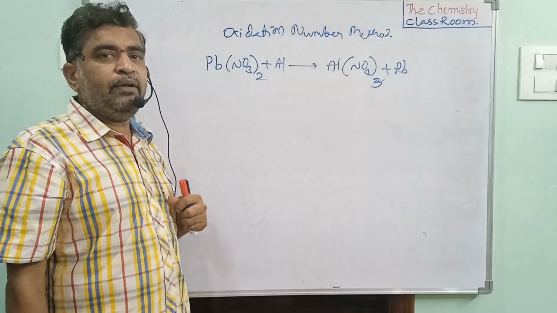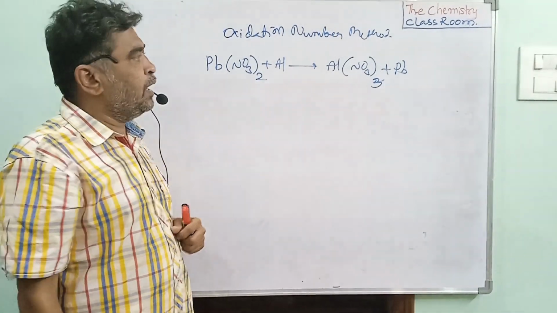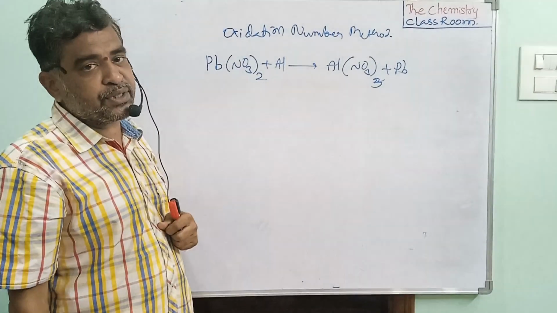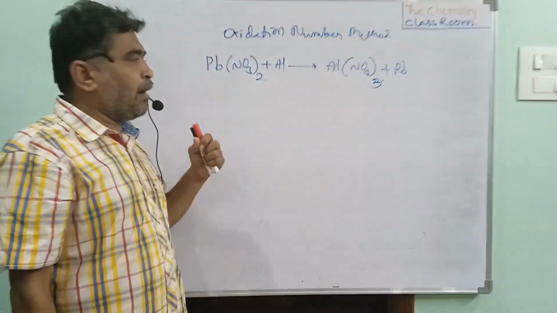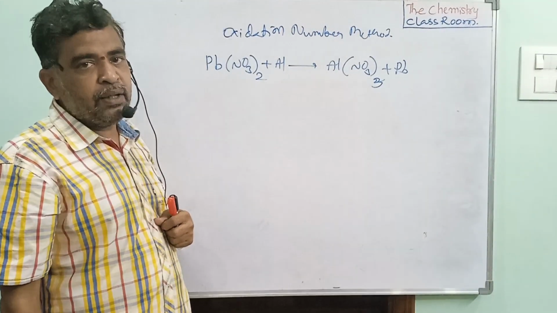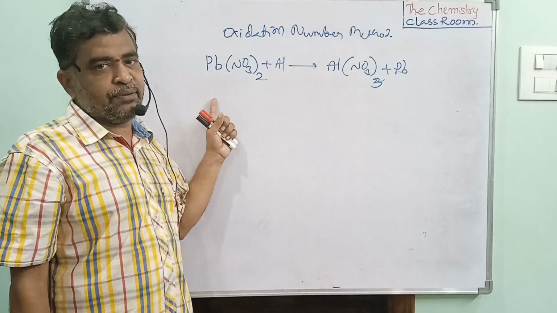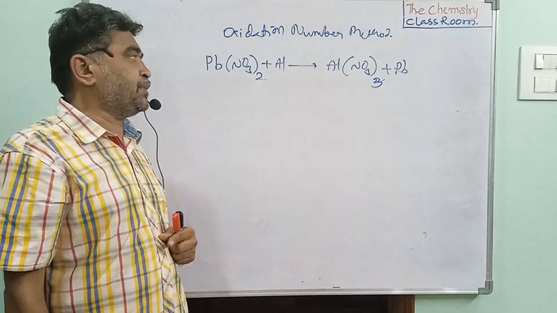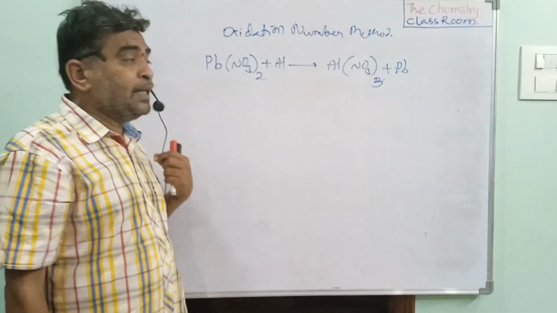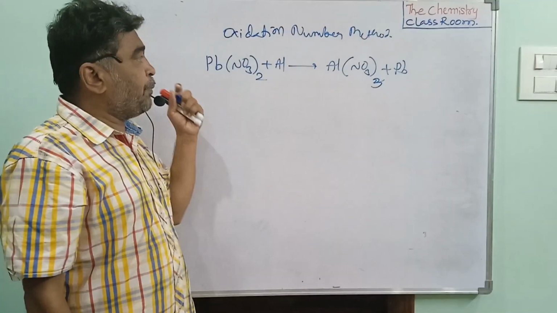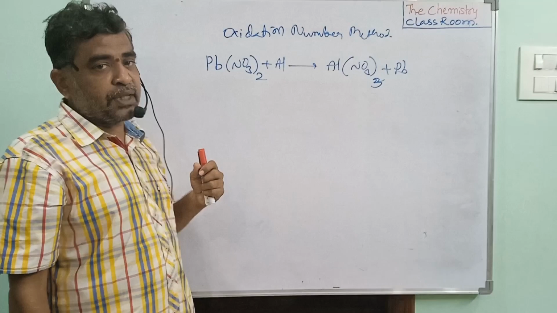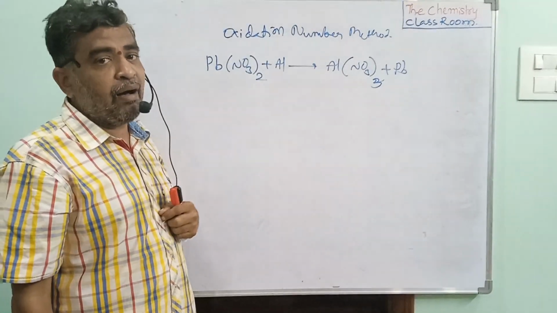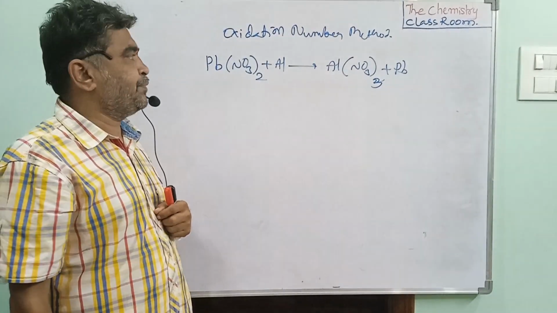Now we see how we have to balance the equation in this method. In the oxidation number method, it is a redox reaction. It is the combination of reduction and oxidation. In the redox reaction, we need some steps to balance by the oxidation number method.